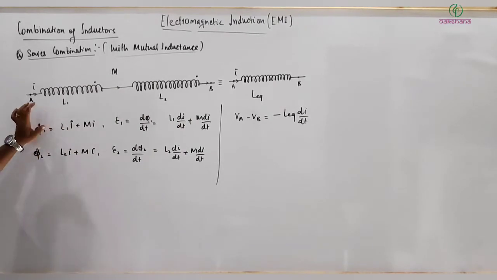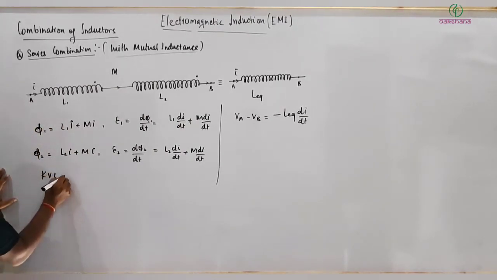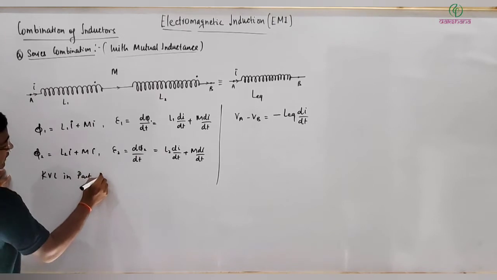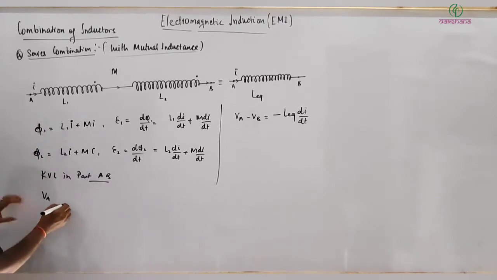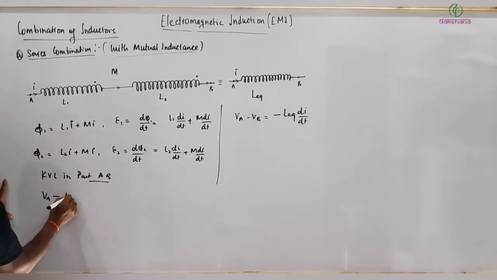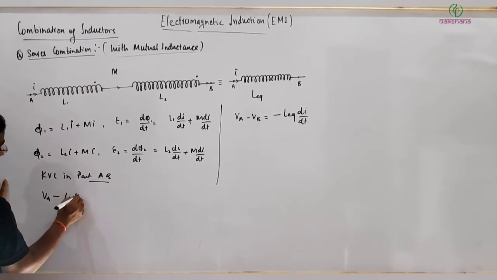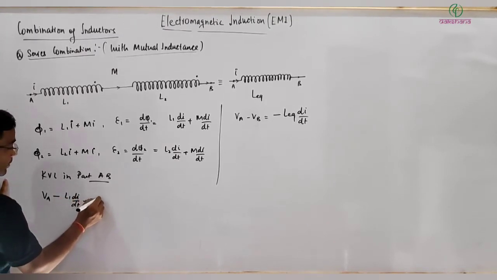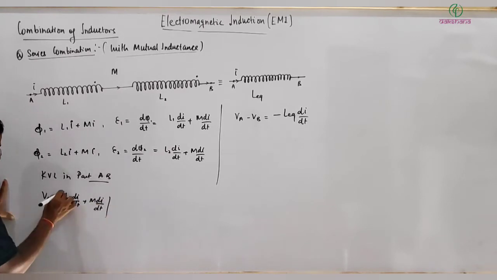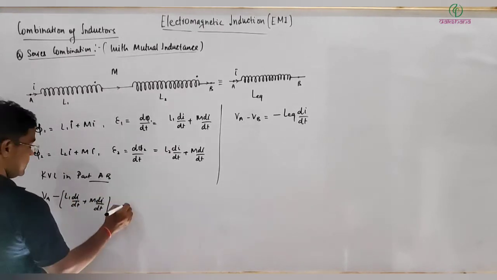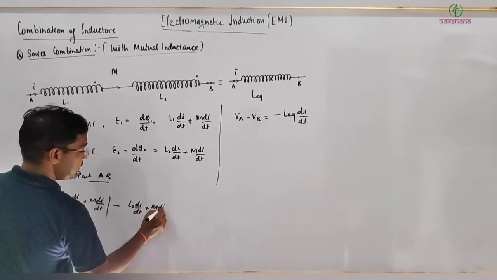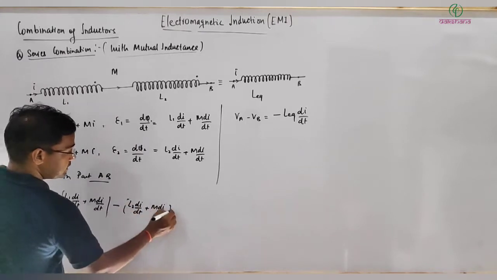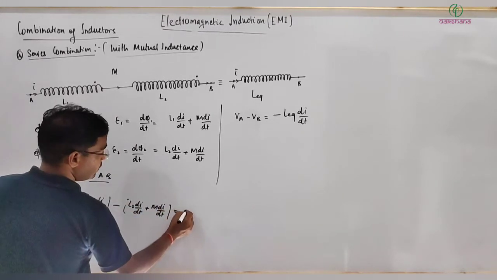Now if I apply KVL in part AB, I can start from A, so it's VA, going in the direction of the current, so it's minus L1 di by dt minus M di by dt, minus L2 di by dt minus M di by dt, and this is equal to VB.